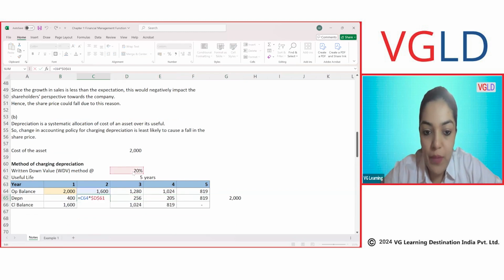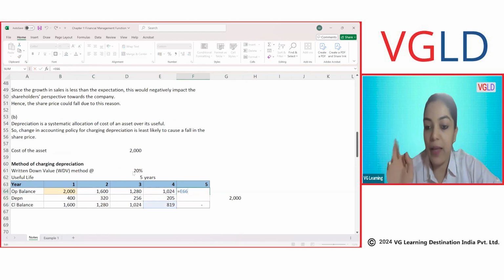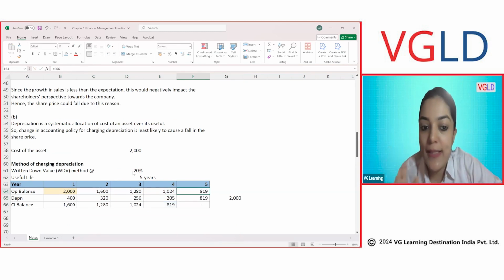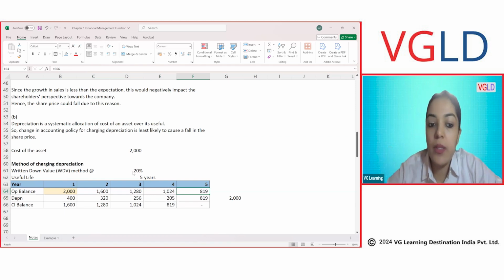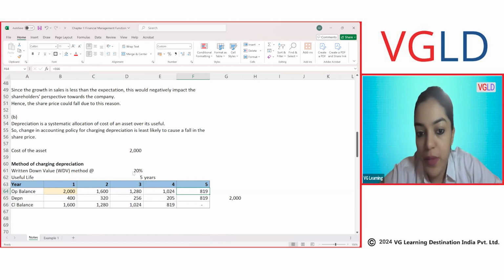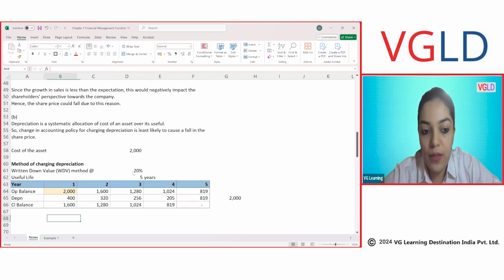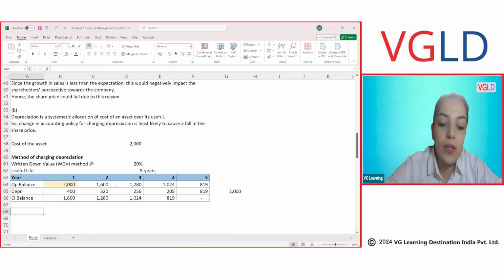Okay. Every year, you're going to charge depreciation like this. And in the last year, you have a balance of 819. Since the useful life is 5 years and you're going to scrap it off at the end of it, whatever is the balance in the asset account will be charged off. Again, a new concept.